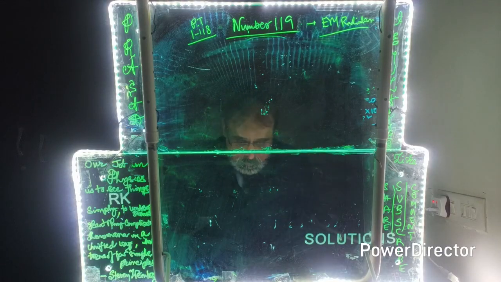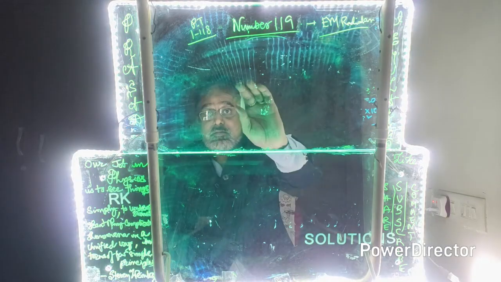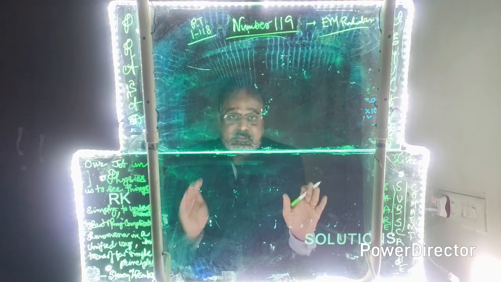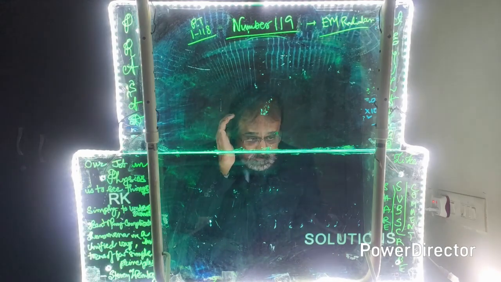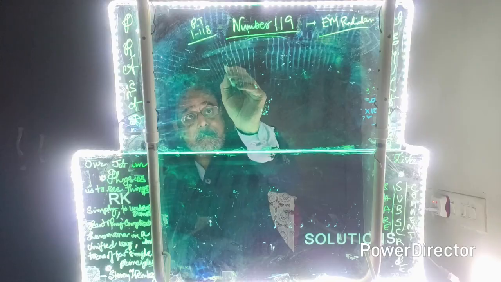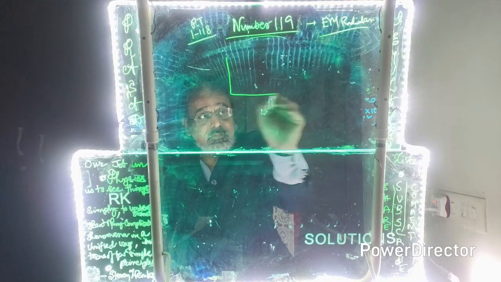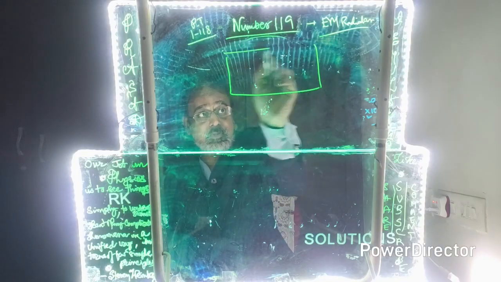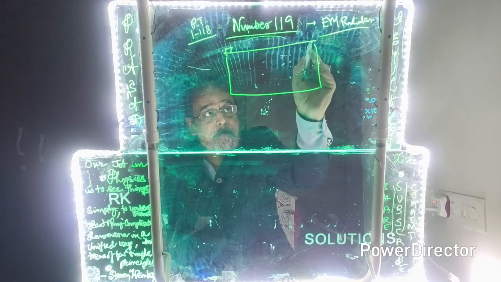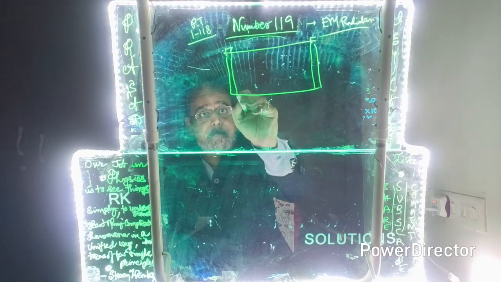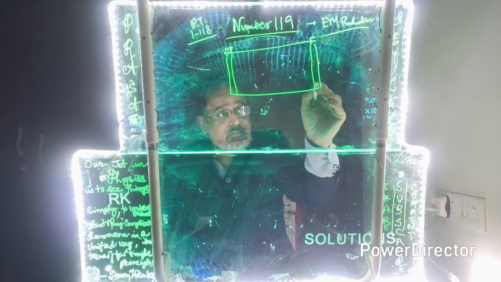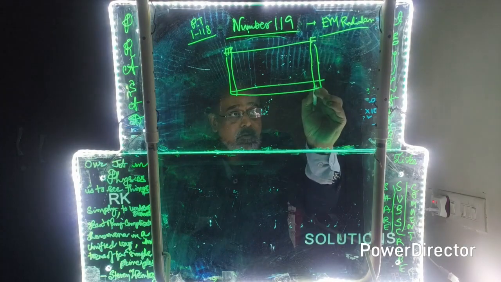So this alpha principle is kind of physics in a nutshell, and we have this table. It starts with 1, ends with 118.